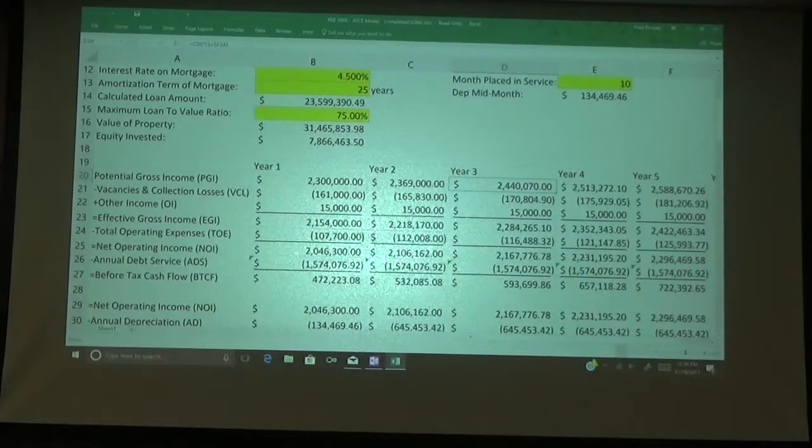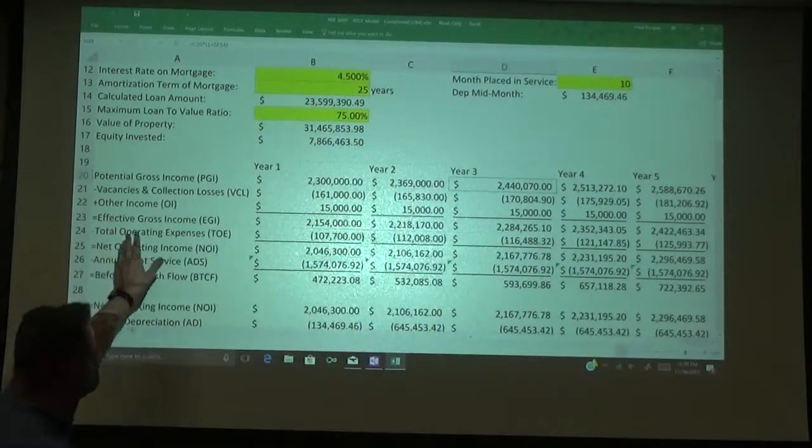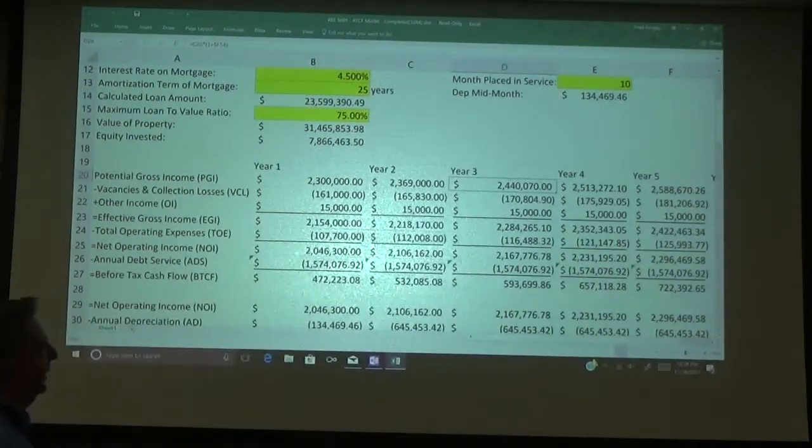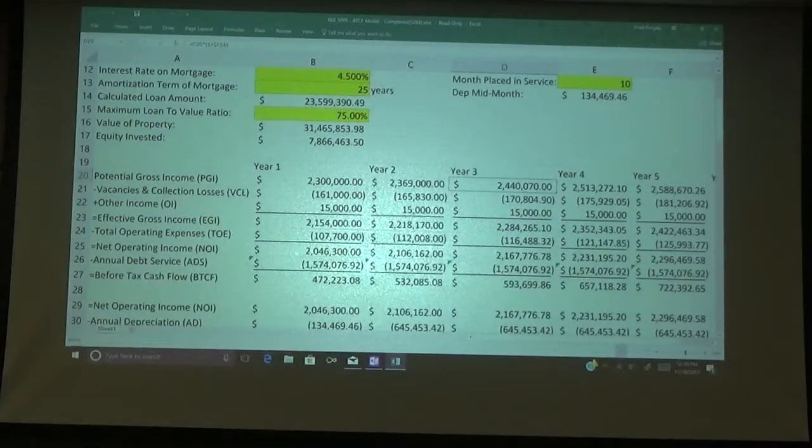Okay, so let's just take a look at basically years 1 through 5 and what's happening down here in terms of our before-tax cash flows. Okay, do we all understand how we come up with each of those numbers? In other words, we've done this before, but I just want to make sure. So obviously with the potential gross income, we're just pulling from above in terms of our square footage times our rental rate.